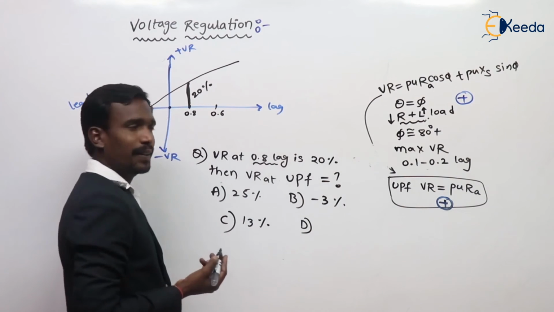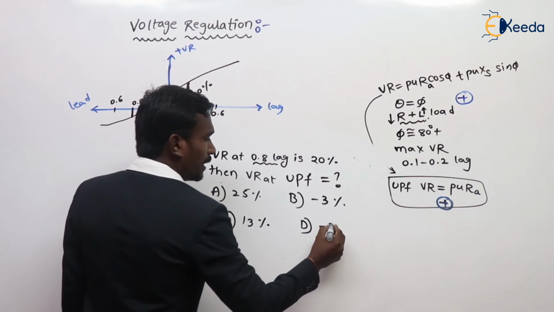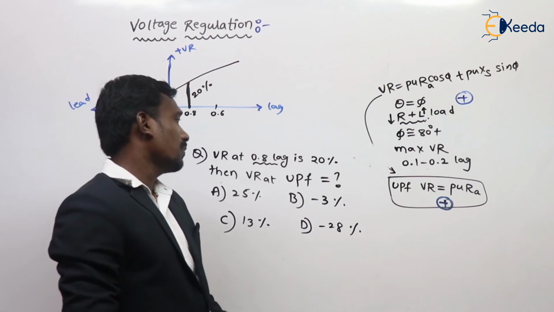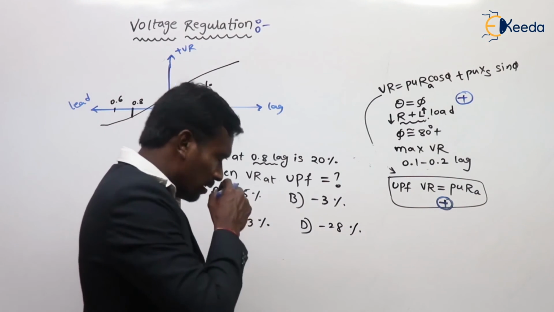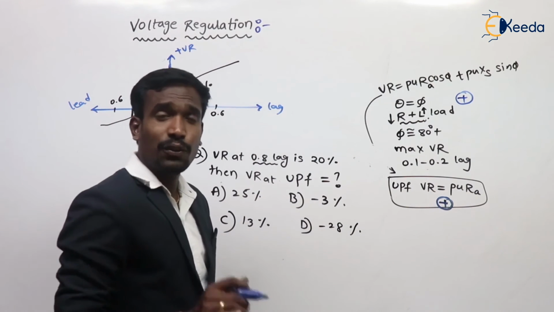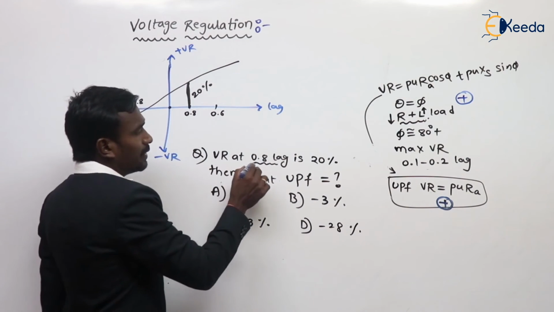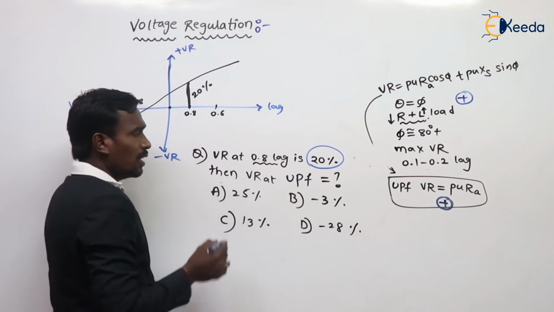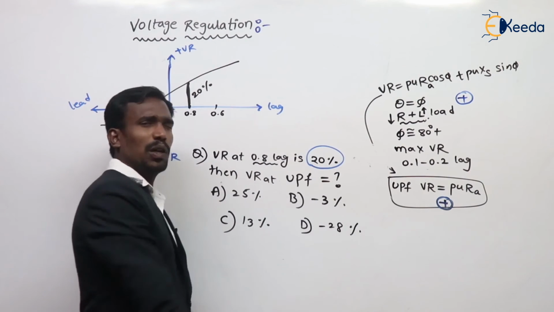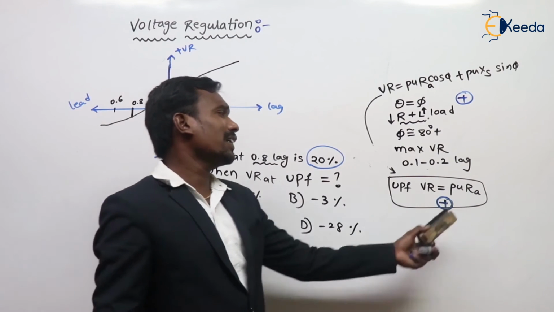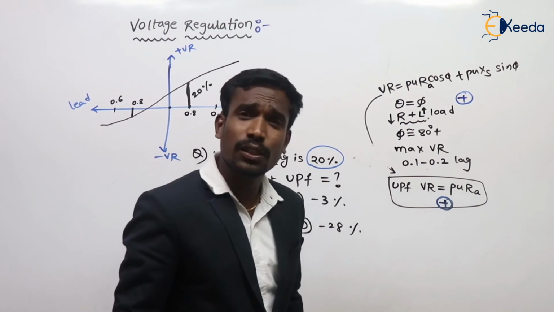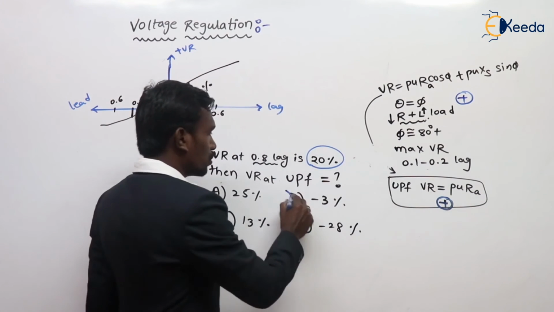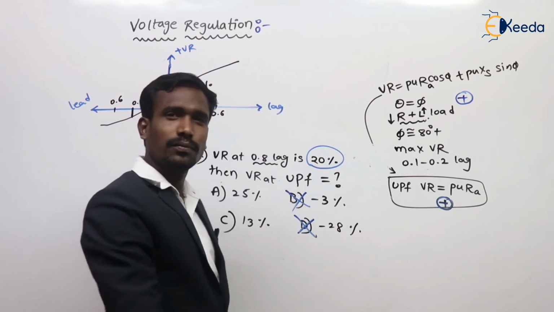Option D, minus 28%. First of all, the given voltage regulation at lagging is 20%. Then voltage regulation at unity power factor: is it positive, negative or 0? It must and should be positive. So these two are the wrong answers.